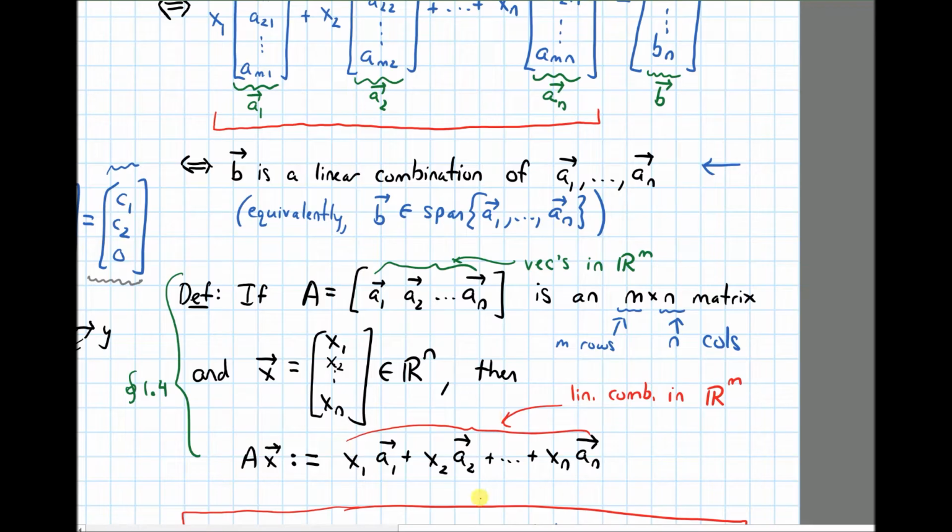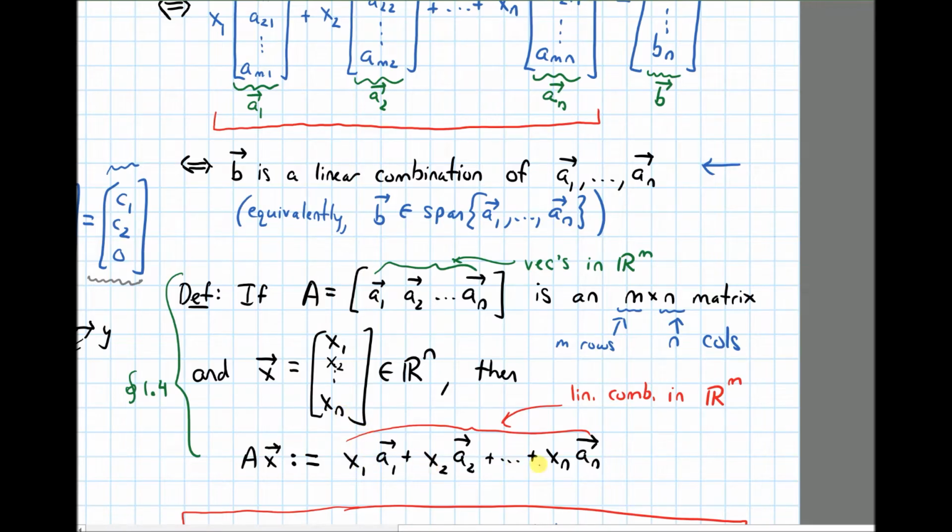Another way to say this is A times x gives us a linear combination of the columns of A, where the weights of the linear combination are the entries of x, x1, x2, up until xn.